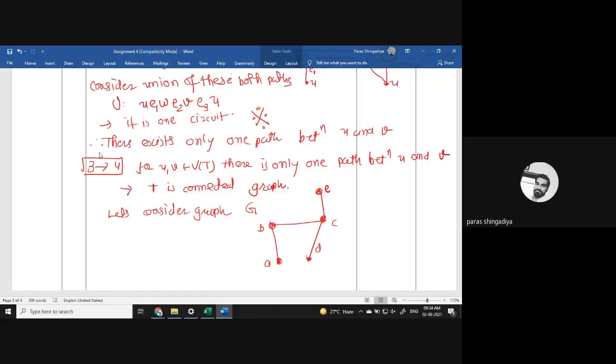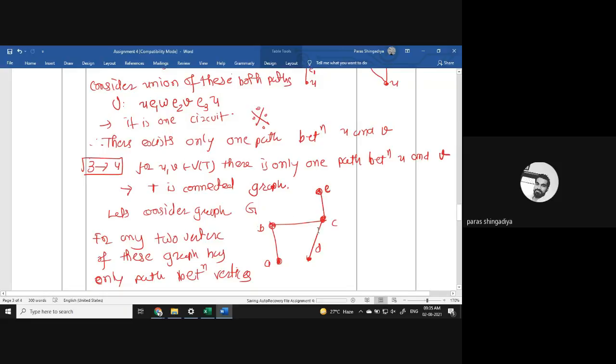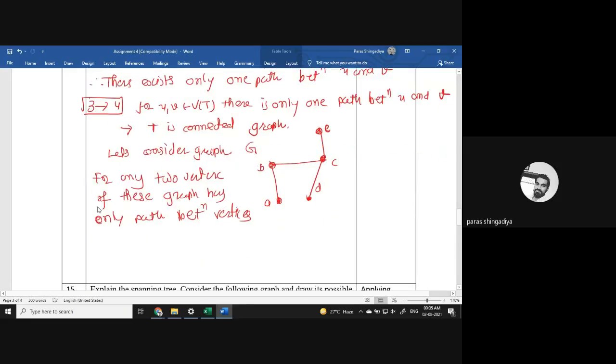For any two vertices of this graph, there is only one path between them.